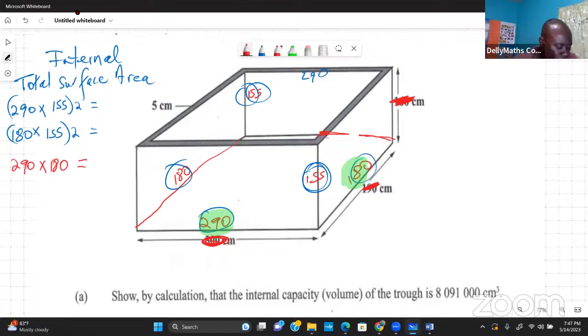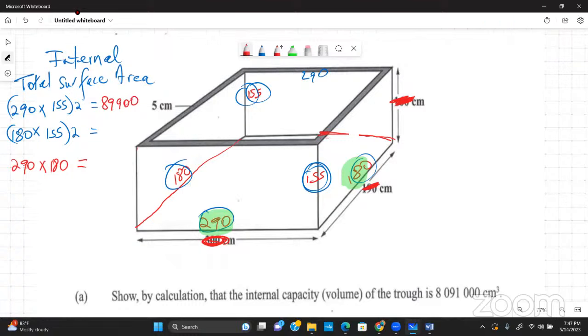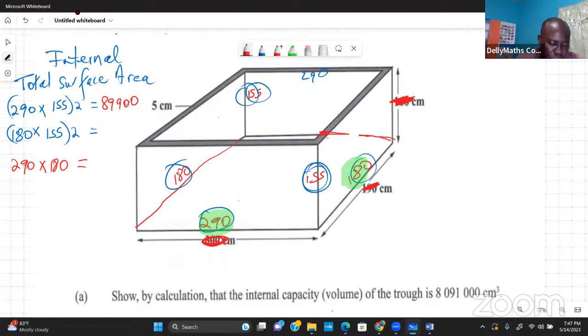Now let's put together those, please. Give me some values, some numbers. Come on, somebody. 290 times 155 times 2. I'm getting 89,900. Correct, sir.